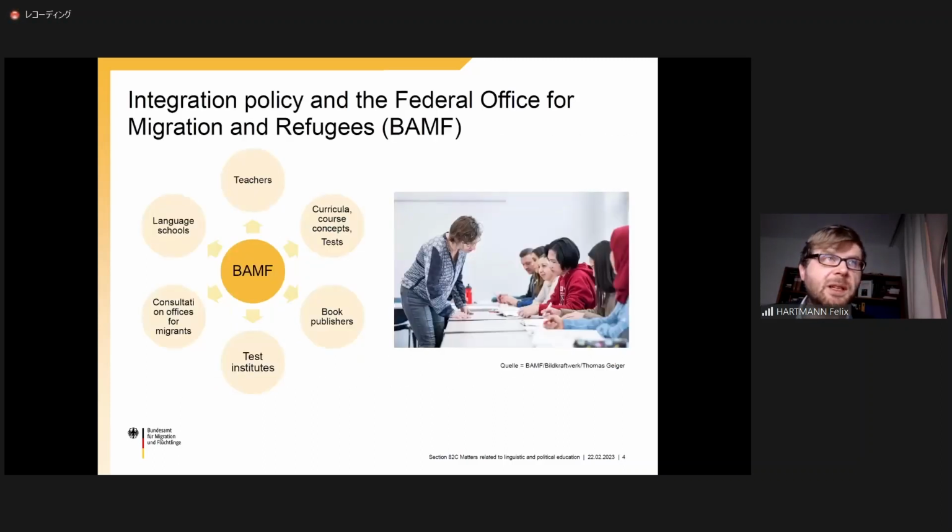I also want to explain how we manage the system. The German Federal Office for Migration and Refugees is abbreviated BAMF here. I have BAMF in the middle, and we interact with different stakeholders and institutions. I would like to start with the language schools. We do not give the courses directly.